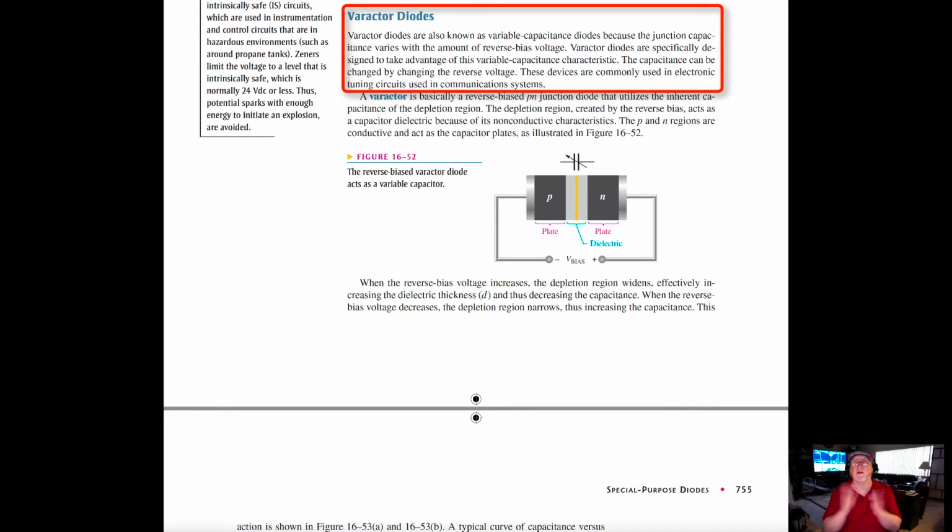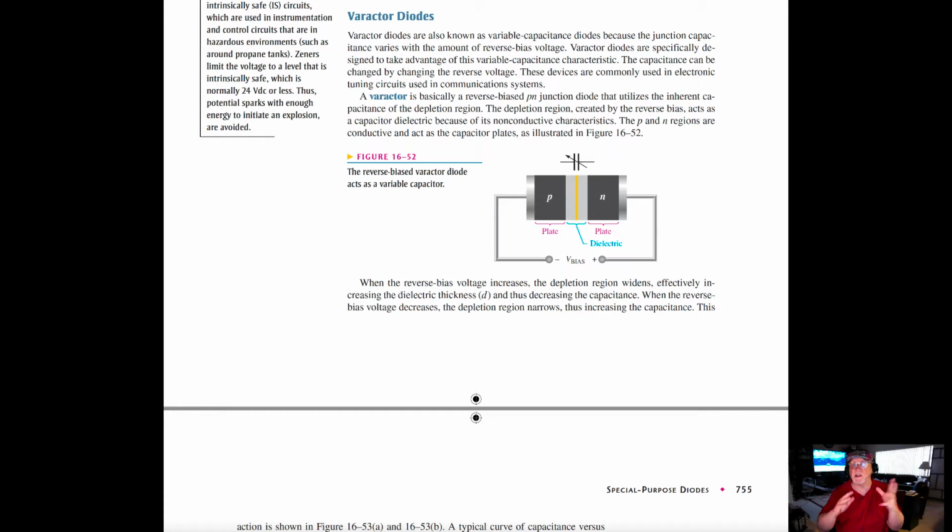So if we think back on our capacitance fundamentals and characteristics about plates moving back and forth, surface area, distance between the plates, material and the dielectric, this all makes sense how we could turn this diode into something that acts like a capacitor.